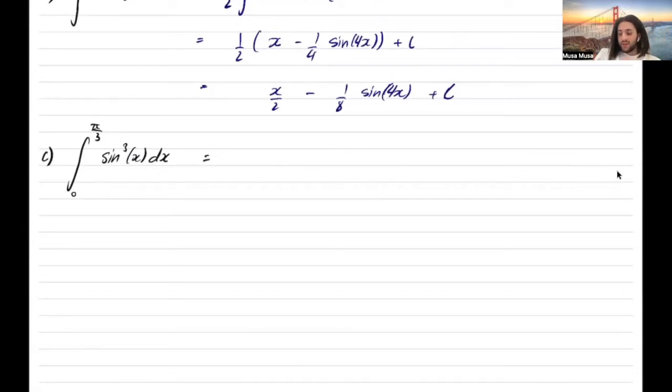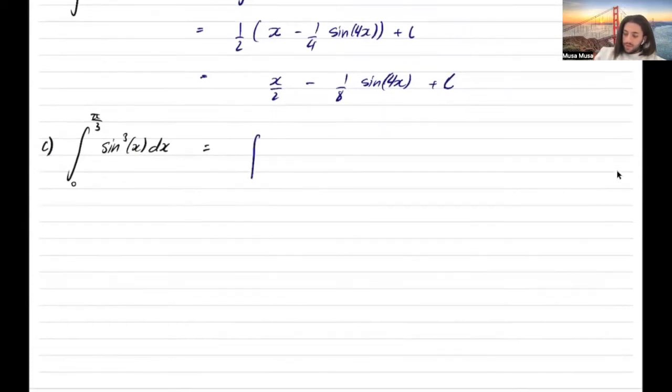Here, I'm going to isolate one of the sines. So this is going to be the integral from 0 to pi on 3 of one of the sine x's times the sine squared x dx. And then I'm going to rearrange that sine squared as 1 minus cos squared. Perfect.